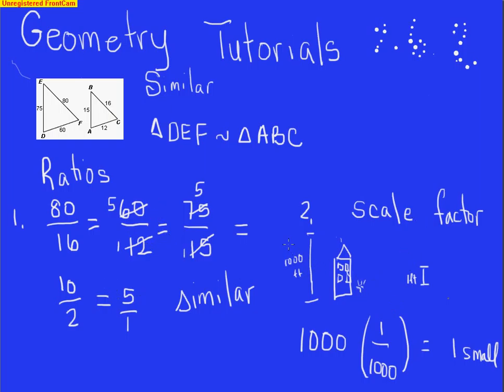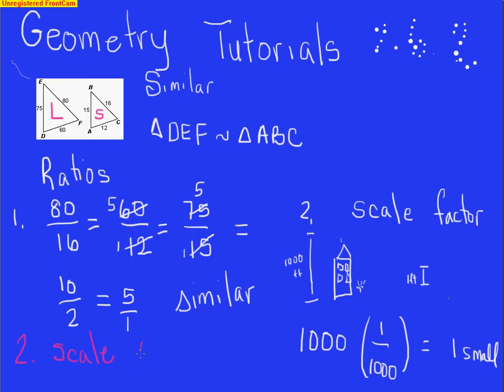Going back to our problem here, we would be looking at these two triangles. If you look, we went from a large to a small. That would mean that my scale factor is going to be something that's going to shrink it.